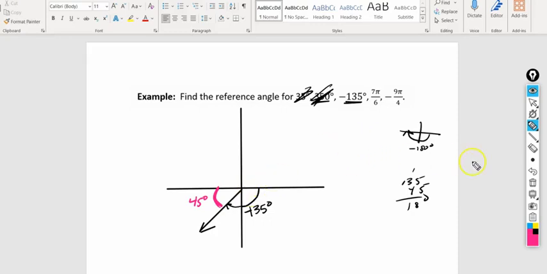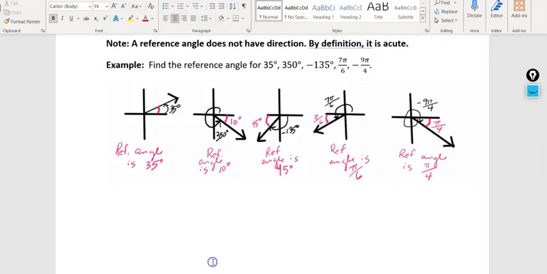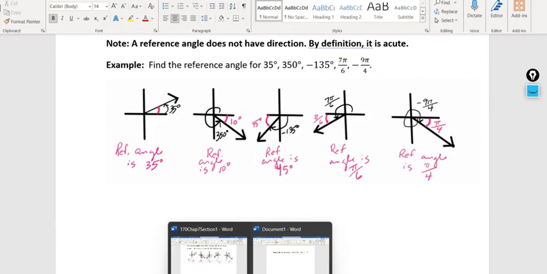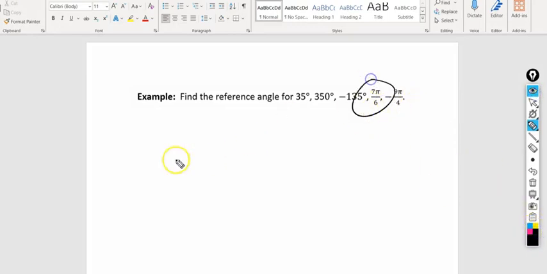Okay, so let me just check these now. All right, so far so good. Let's go to these last ones. What does the reference angle for these look like? Now, how do I choose to rewrite this? 7 pi over 6 is the same thing as 6 pi over 6 plus pi over 6, and the 6's cancel.